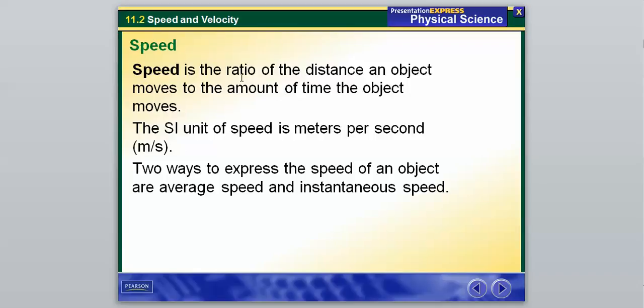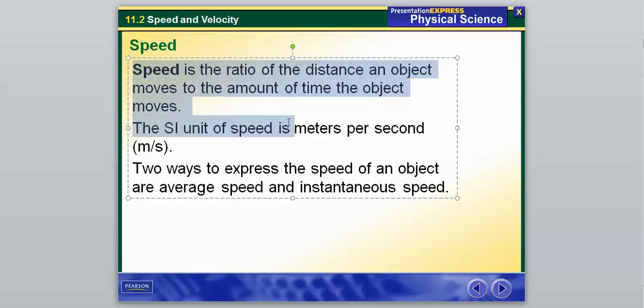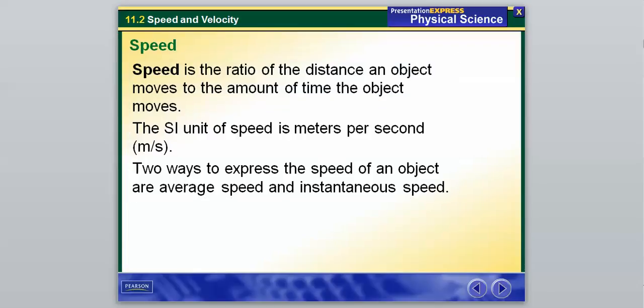It's how far you move compared to how long it took you to get there. Two ways to express the speed of an object are average speed and instantaneous speed. Make sure you know speed is the ratio of the distance of an object, that's the meters, how far the object has traveled, compared to the amount of time, that's the seconds, that the object is in motion. The first type of speed we're going to take a look at is average speed.